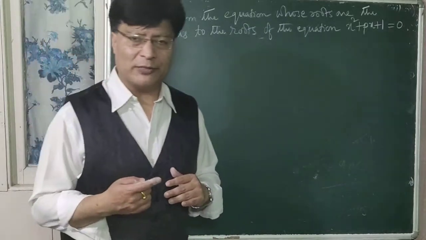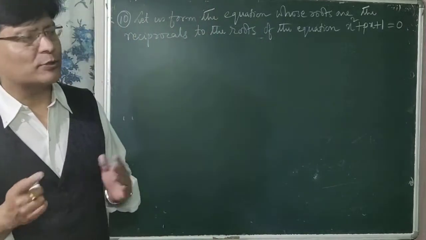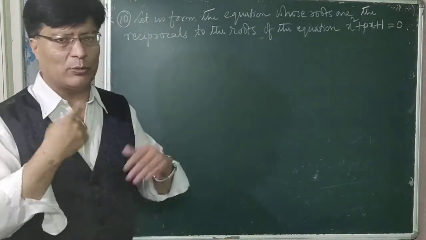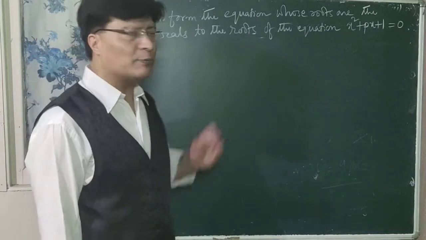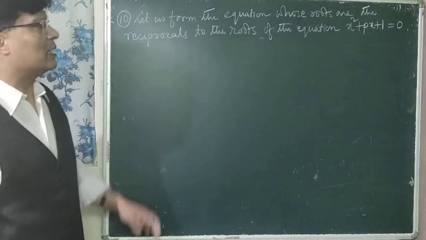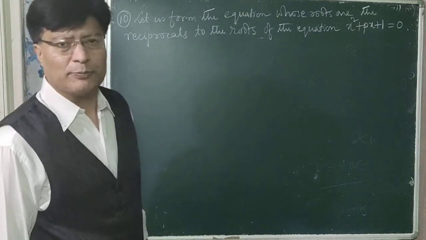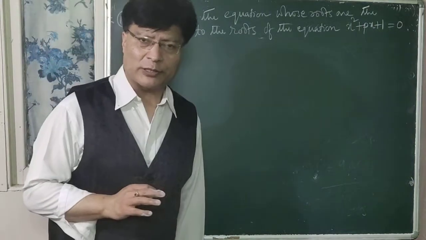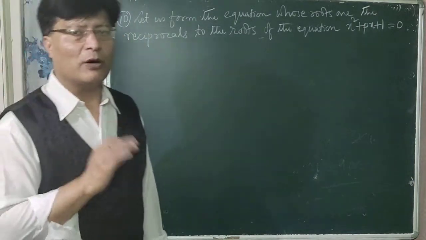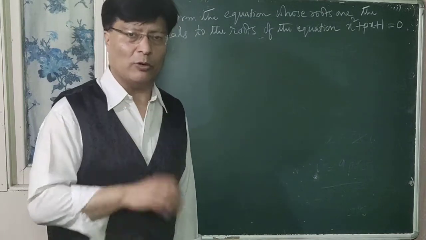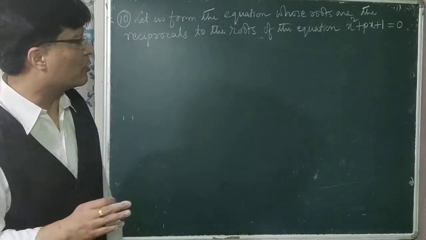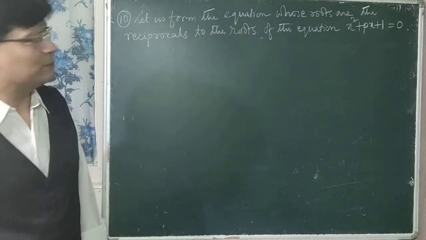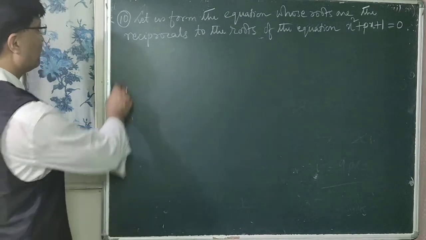That means reciprocal means यदि अल्फा र बीटा हामीले सपोज गरेको छौं भने त्यसको रेसिप्रोकल हुन्छ 1 अपन अल्फा र 1 अपन बीटा, ठीक उल्टा हुन्छ। हामी सपोज गर्दै छौं अल्फा एन्ड बीटा आर द रूट्स अफ द इक्वेसन x स्क्वायर प्लस px प्लस 1 इज इक्वल टु 0। अब तिमीले त्यो क्वाड्रेटिक इक्वेसन निकाल्नु पर्छ जसको रूट चाहिँ 1 अपन अल्फा र 1 अपन बीटा होस्, रेसिप्रोकल होस्। त अल्फा र बीटाको रेसिप्रोकल चाहिँ के रहेछ? 1 upon alpha and 1 upon beta. Is it clear?